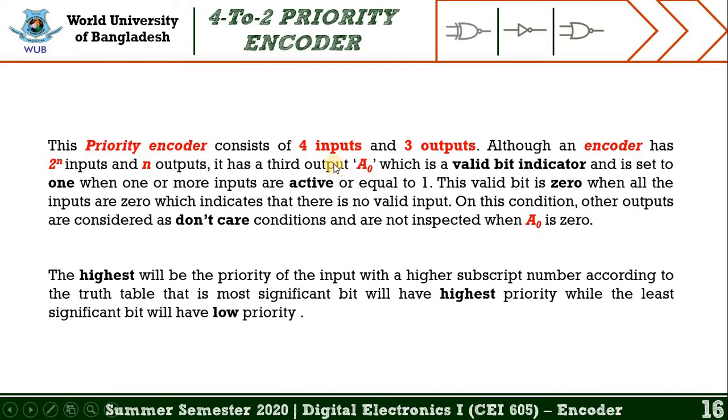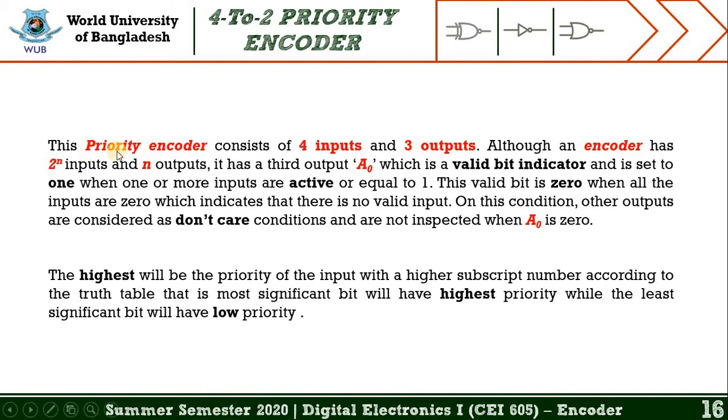We already know from the previous lecture that in a 4 to 2 encoder, 4 represents the number of inputs and 2 represents the number of outputs. You are absolutely correct, but priority encoder has a different scenario, so we don't create any confusion about this matter. That's why we are clearing these facts at the first of this overview.